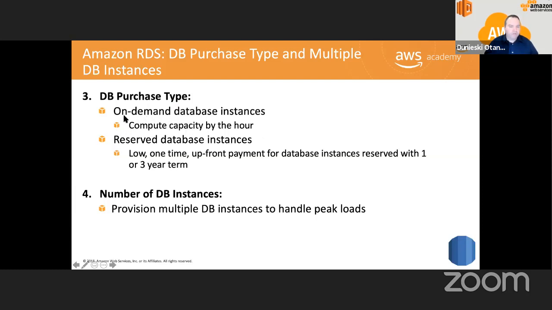Same thing for predictable patterns. If it is reserved, if you think it's going to be a predictable pattern for the whole year, you can go with a one-time upfront fee, very low, for a year, right?